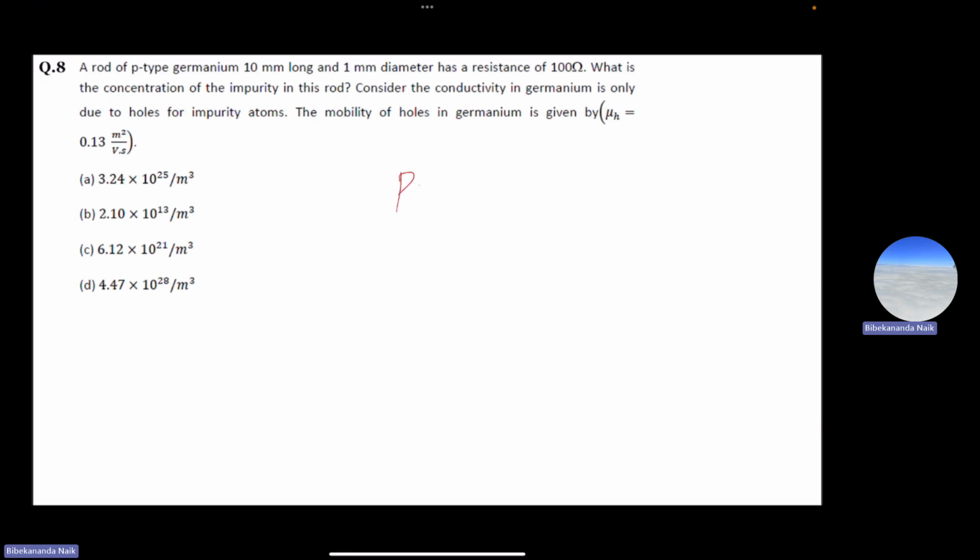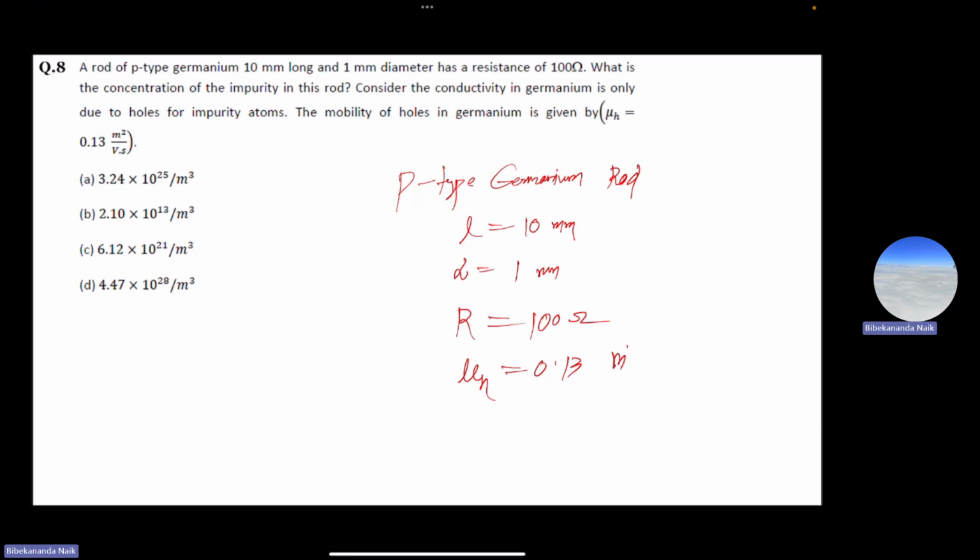So here there is a rod of P-type germanium. Length is 10 mm, diameter is 1 mm, and it has resistance 100 ohm, and the mobility of holes is 0.13 meter square per volt second.